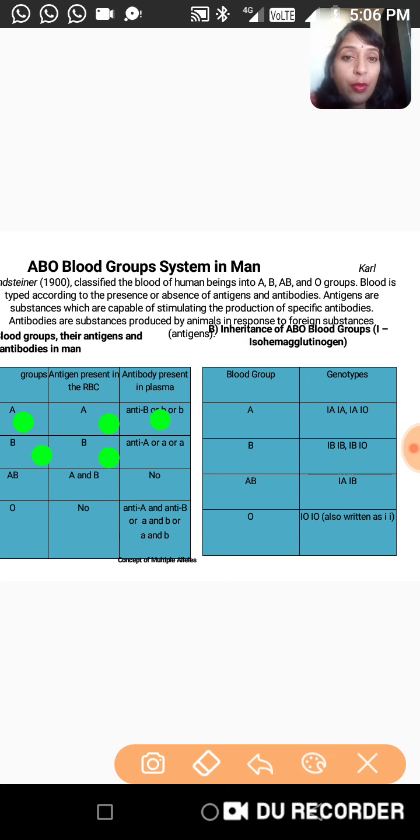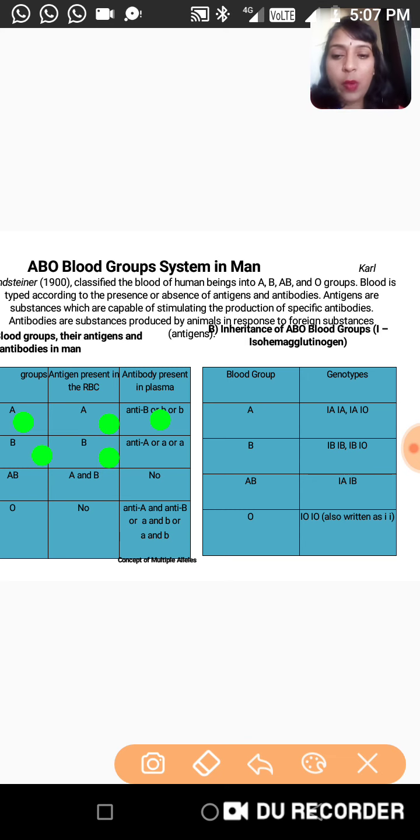Whatever antigen is present on the RBCs defines the blood group. In contrast to that, antibodies are always present. If the person's blood group is A with antigen A and also has antibody A, there will be clumping, so the blood of such a person will clot. So naturally antigen A and antibody A never exist together in the body of a person.